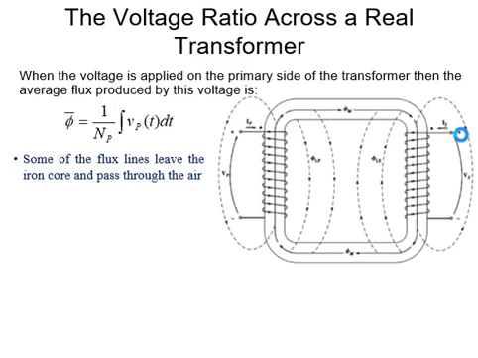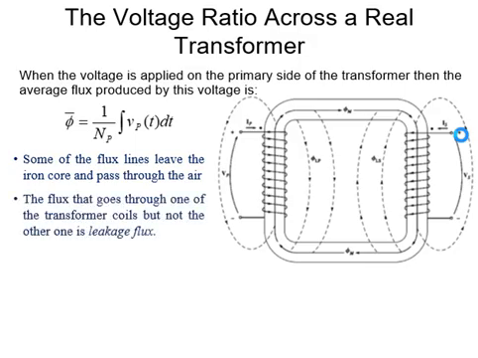As we know, the average flux produced by this voltage is this. As discussed earlier, some of the flux lines leave the iron core and pass through the air. These are the phi LP lines. The flux that goes through one of the transformer coils but not the other one is leakage flux.